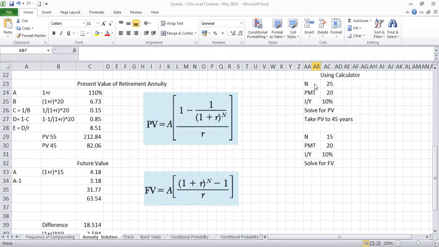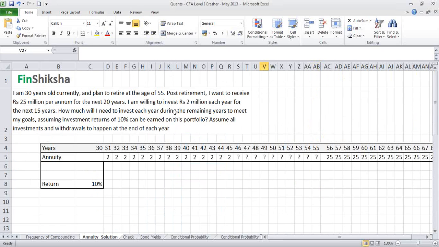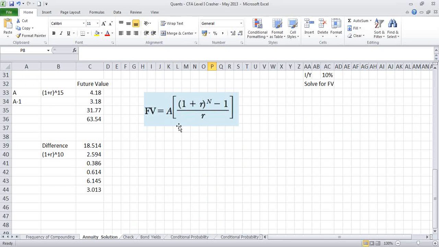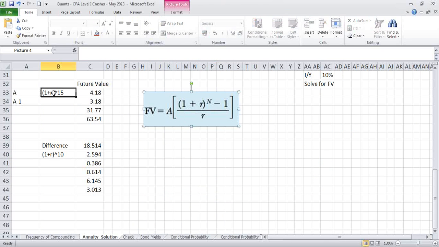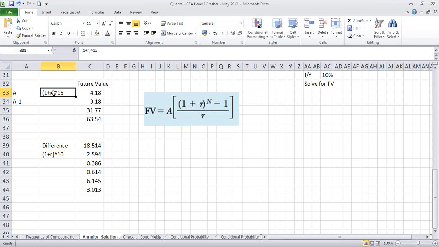Now we need to find the future value of these annuity points. Let's try and do that. The future value formula is given here once again. Remember, this is 15 years now, so n changes to 15. 1 plus r to the power 15 minus 1, so the numerator is 3.18.